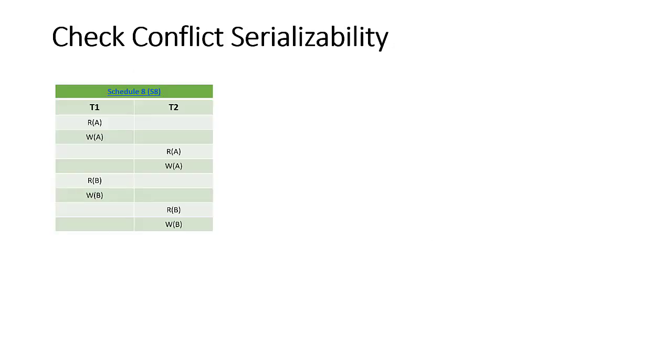So we are going to consider schedule 8, and we have already proved that it is a conflict serializable schedule. Schedule 8 you can relate to schedule 3. It is similar to schedule 3, and you can see that there are two transactions, T1 and T2. So in the precedence graph there will be two nodes, T1 and T2.